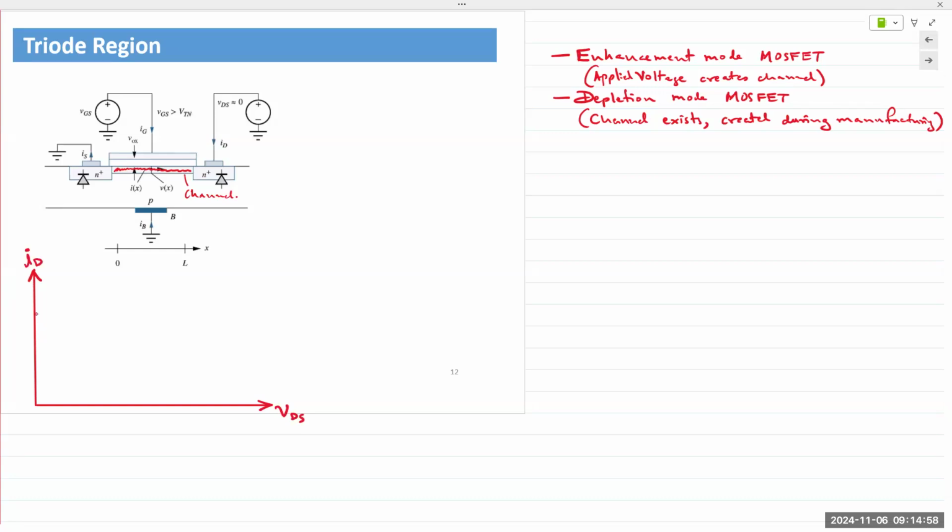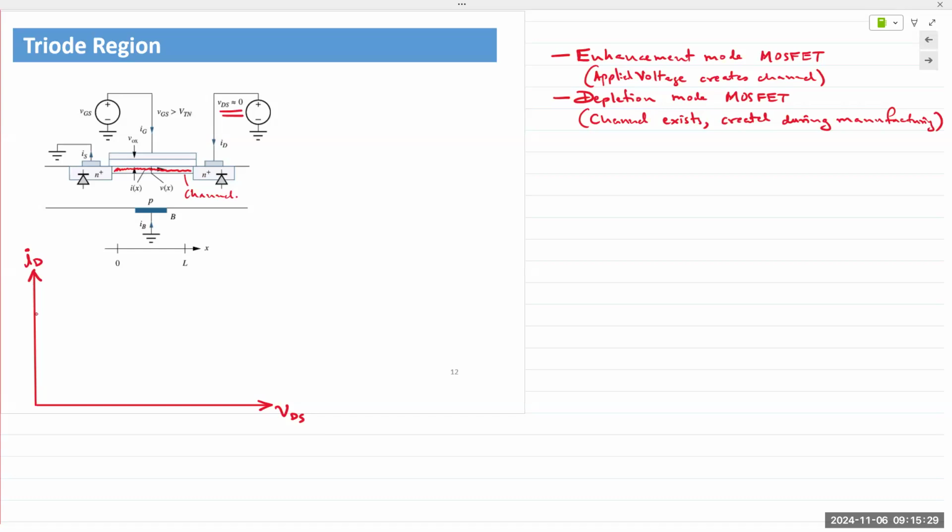All right, so we apply VGS, inversion occurs, an N channel is created, and the N channel links both the drain and the source. Now there's a clear pathway between the drain and the source. The device is in a state of readiness. Now, when you apply VDS and it increases slightly above 0, current will start flowing through the channel.